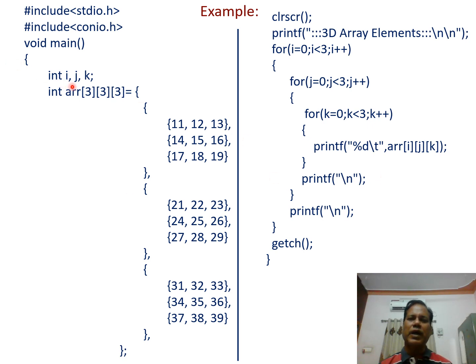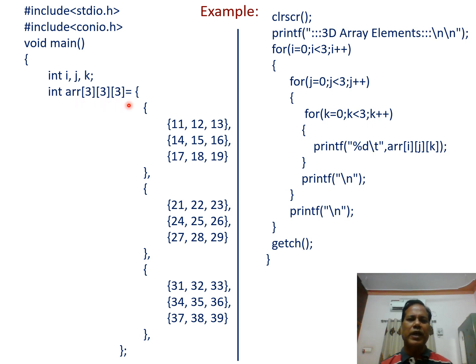So here integers i, j, k, three integer variables, are used as counter variables in three looping statements for keeping track of the rows and columns in a 2D array and also the number of 2D arrays.